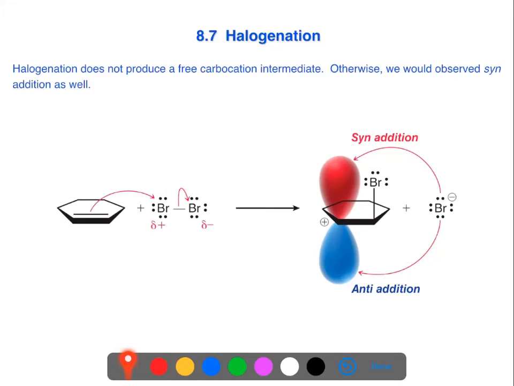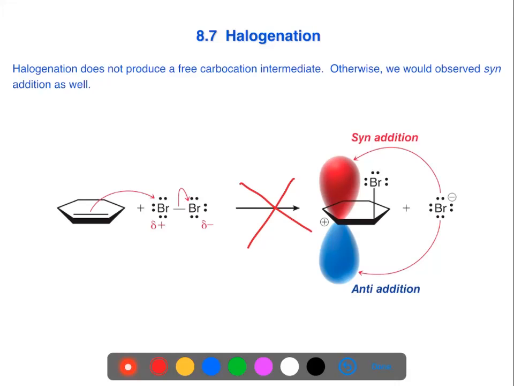Let's say a carbocation were produced. Then we would expect that the bromide resulting after this step could attack in a nucleophilic manner from either side of the ring. So we would expect that syn and anti products could form. But as we saw in the previous example, we only observe the products resulting from anti-addition. So this mechanism isn't accurate. This is not the mechanism that would describe halogenation of alkenes.